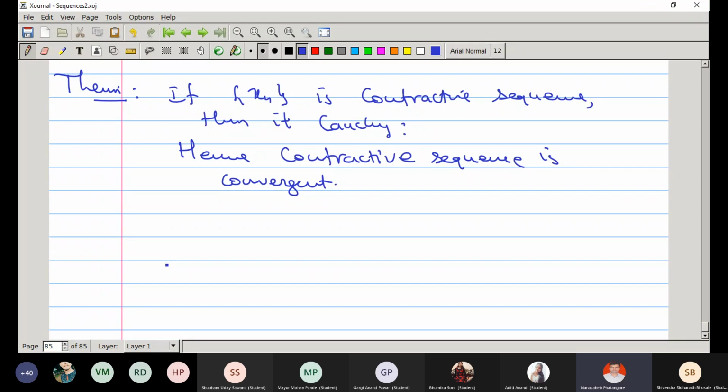And it is not a difficult task to show that a contractive sequence is Cauchy, because if you look at distance between two successive terms, then you can reduce the distance between xm and xn, as we did in the previous example. We just look at the distance between two successive terms, and using that you calculate the distance between xm and xn.